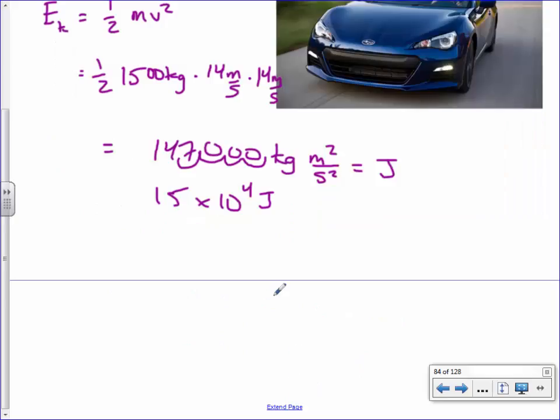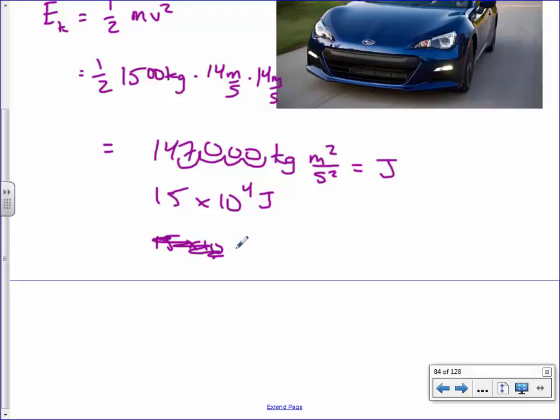If you didn't want to write it like this, you could convert it using one of the kilo, centi, milli type prefixes. If you wanted to, you could maybe make it 15 times 10 to the... No, let's not do that. What is the times 10 to the 6 one? Is that a mega?